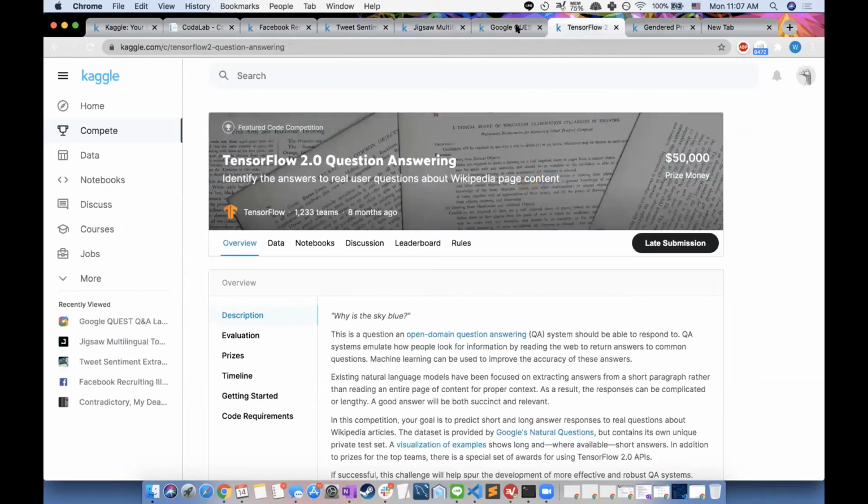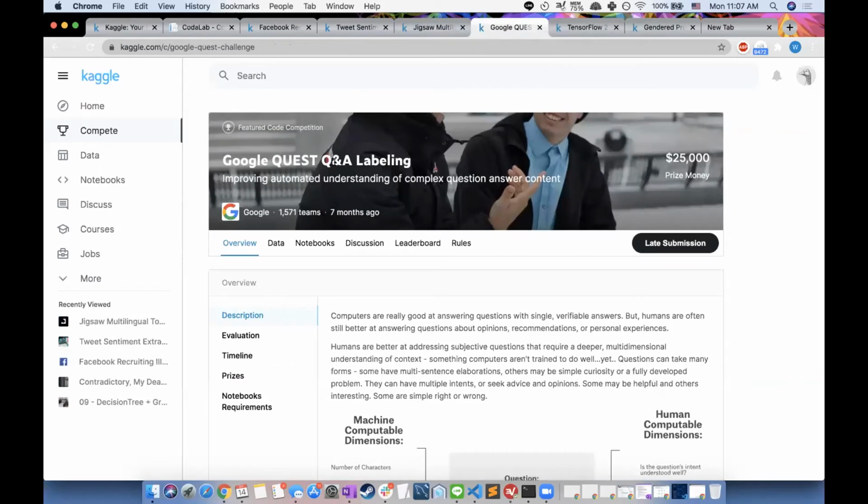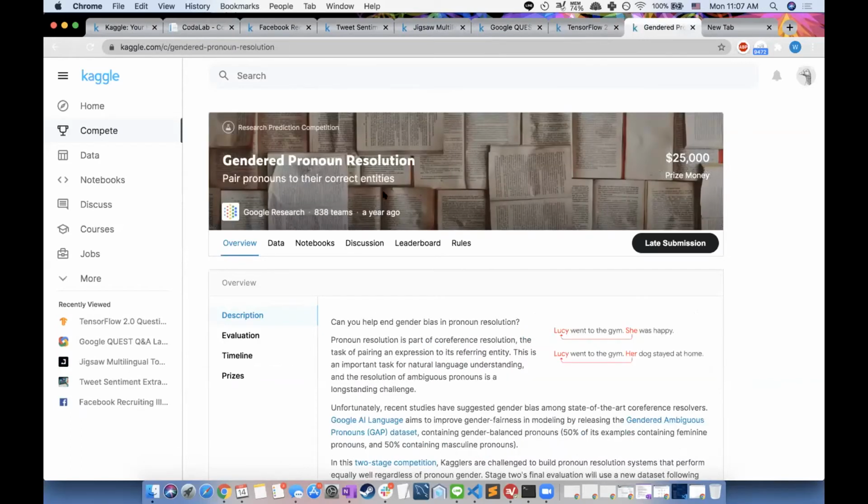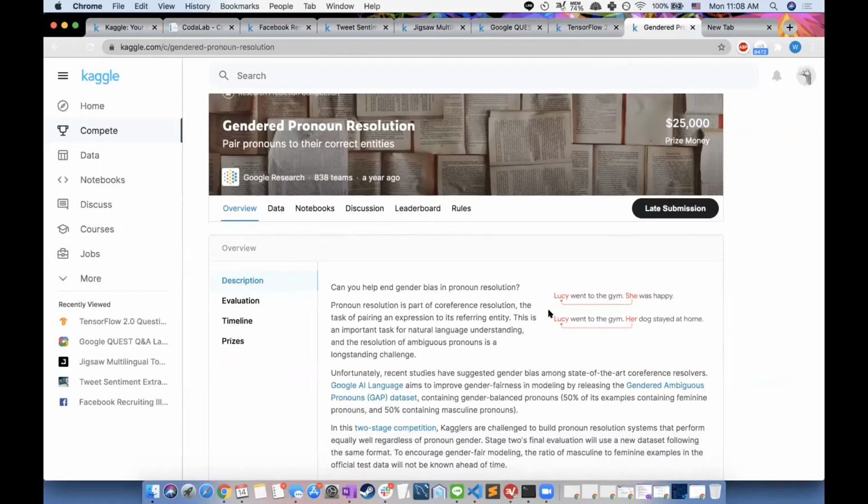And these 2 are QA, Q&A labeling, improving automated understanding of complex question-answer content. And this one is TensorFlow 2.0 QA, identify the answers to real user questions about Wikipedia page content. And this is gender pronoun resolution, pair pronouns to their correct entities. So basically you're pairing Lucy or the person's name with the person's pronouns.